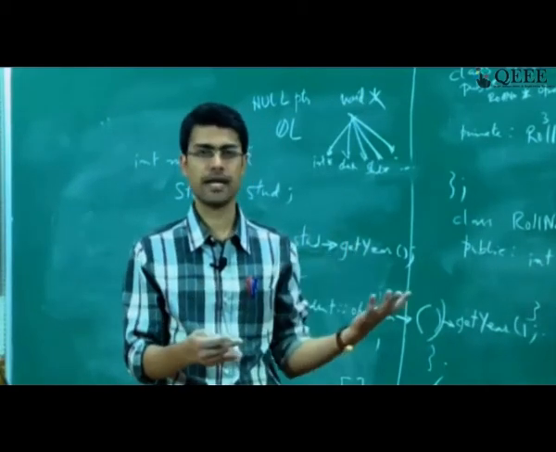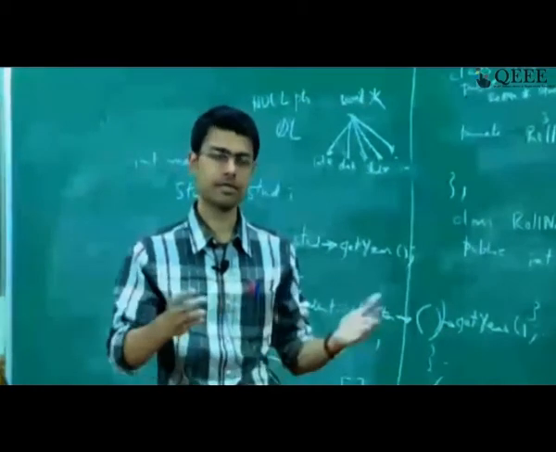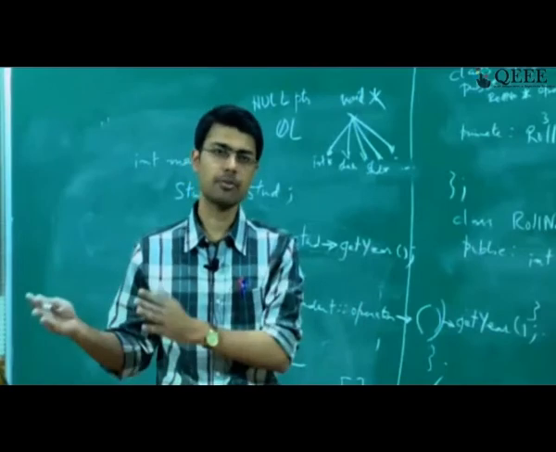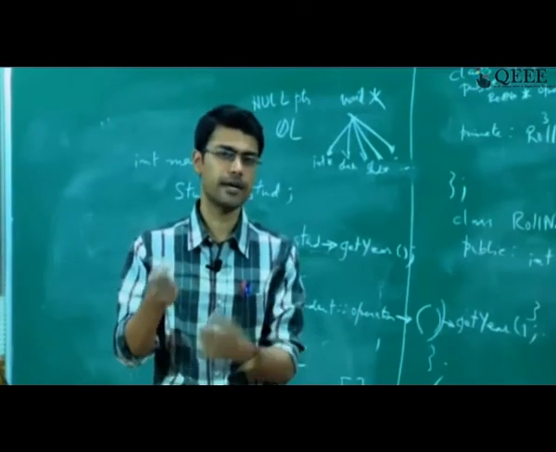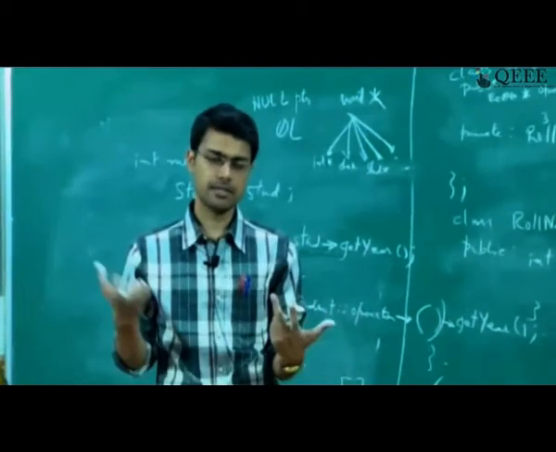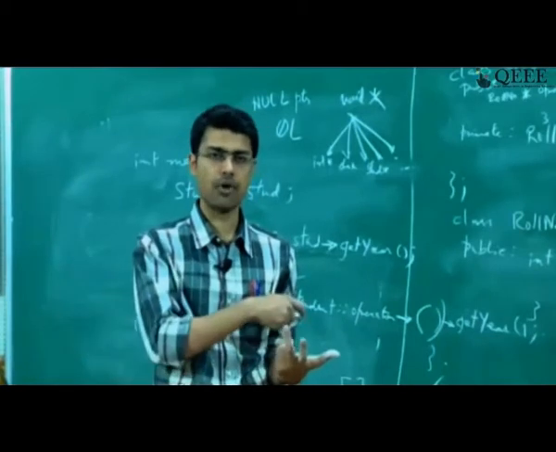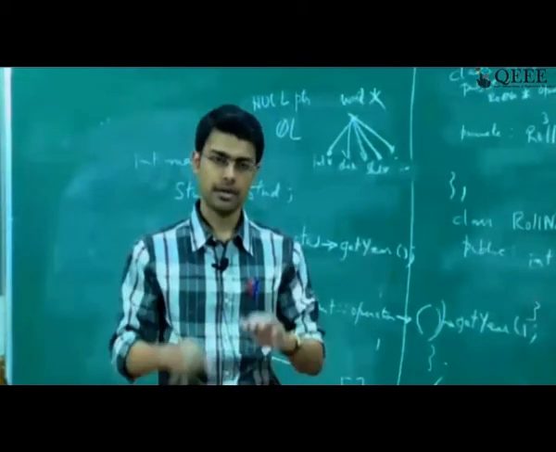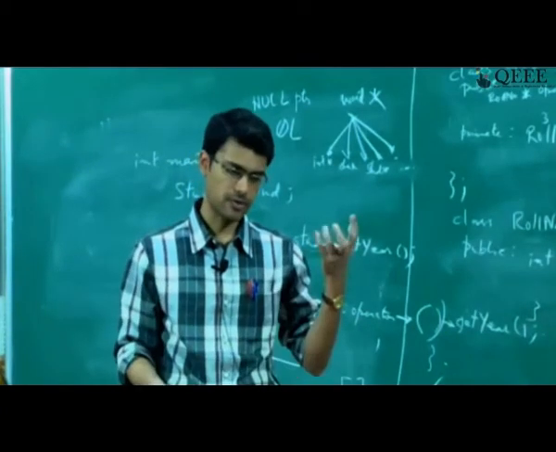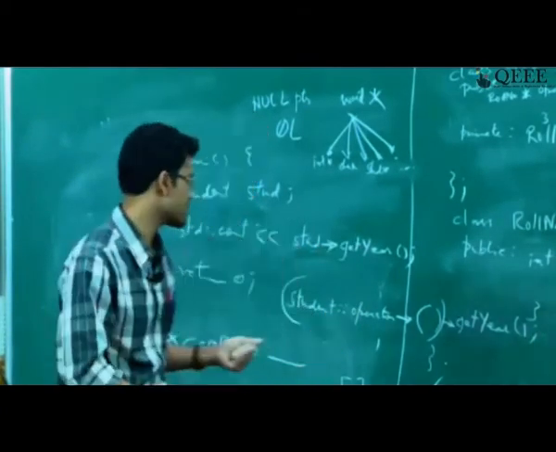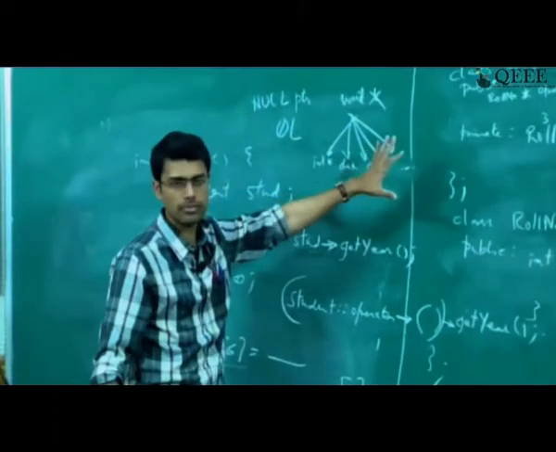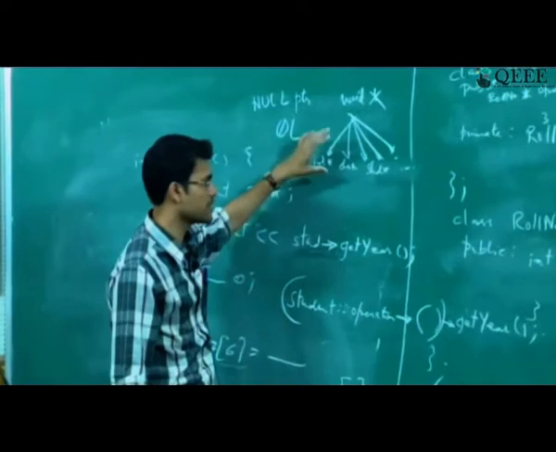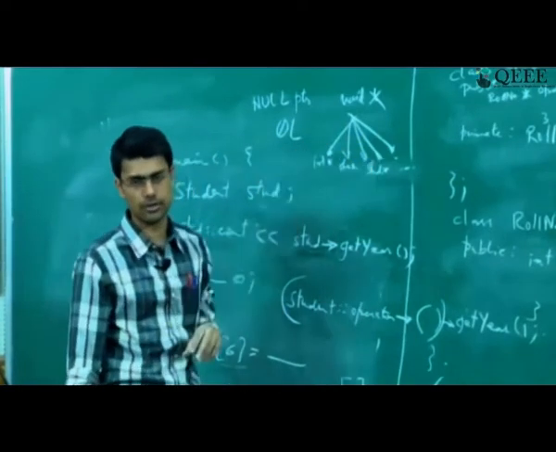The left hand side might be char star, student star, int star, float star, but the right hand side malloc cannot change its return type based on the context. So it returns void star, which can be assigned to any type by typecasting, and using typecasting we can get whether it is an integer or a character and so on.